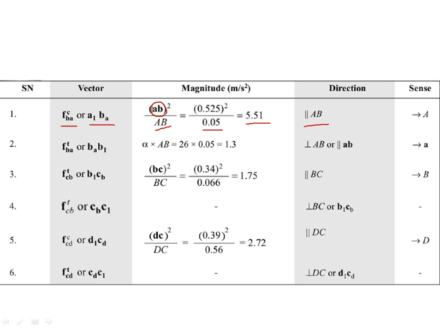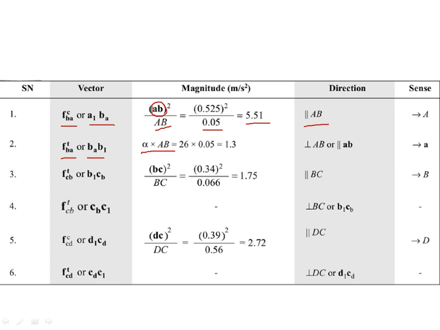Since we start from point A only, write capital A. Then we'll come to the tangential component, FTBA or BAB1. This is the tangential part, so tangential will be with respect to angular acceleration, that is alpha. So that is equal to alpha into AB.